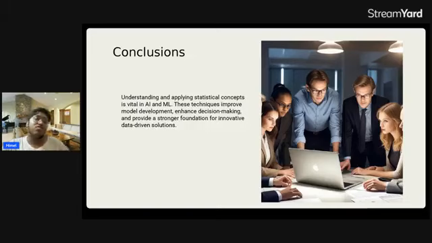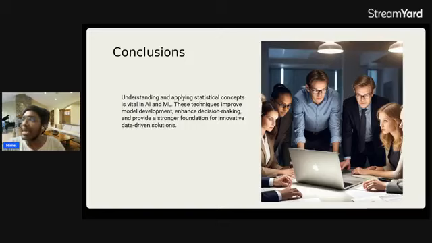Now it comes to wrap up. It's clear that understanding and applying statistical concepts is absolutely vital in the realm of AI and ML. From building the initial framework for data analysis to refining algorithms and validating results, statistics is at the heart of every data driven solution.